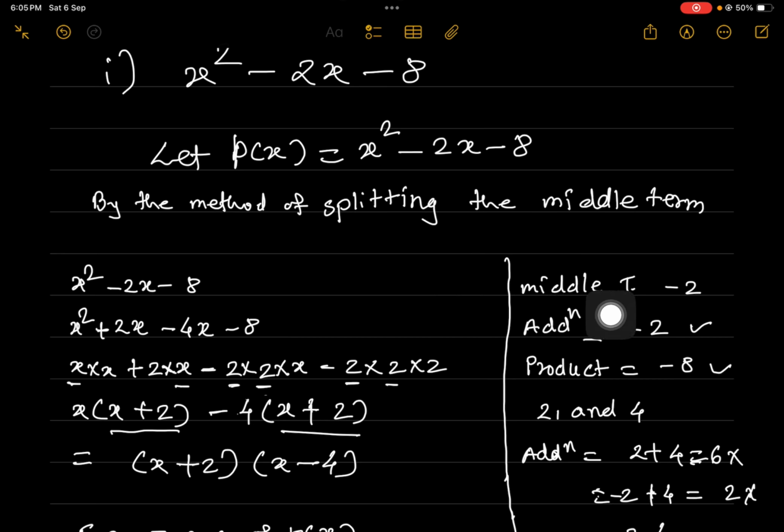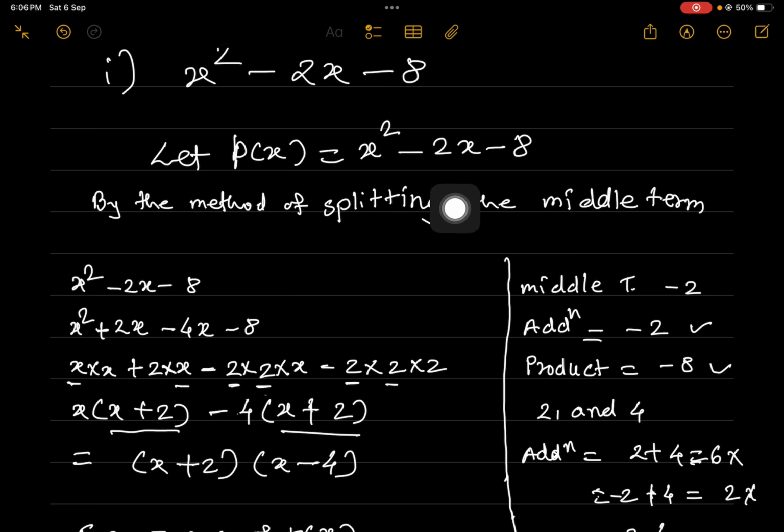Here I have written middle term minus 2. While solving by this method, the middle term means the addition of two numbers. We have to find two numbers, that is, split this minus 2 as a sum of two numbers.